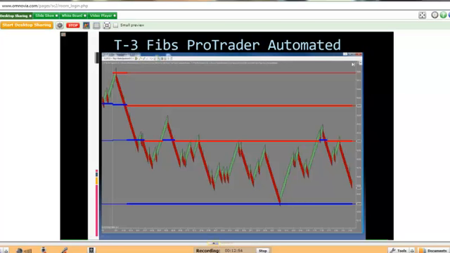Now, this is what really builds the roadmap for us as traders to be able to understand where these Fibonacci support and resistance areas are that are calculated for the upcoming trading day if you're a day trader, or if you run this on a longer term chart, the areas will be good for a week or two for swing traders and intermediate term traders.